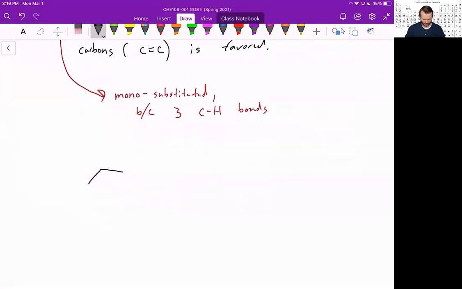One last example. That alkene, we draw the only implied carbon-hydrogen bond. That is trisubstituted. It only has one carbon-hydrogen bond.